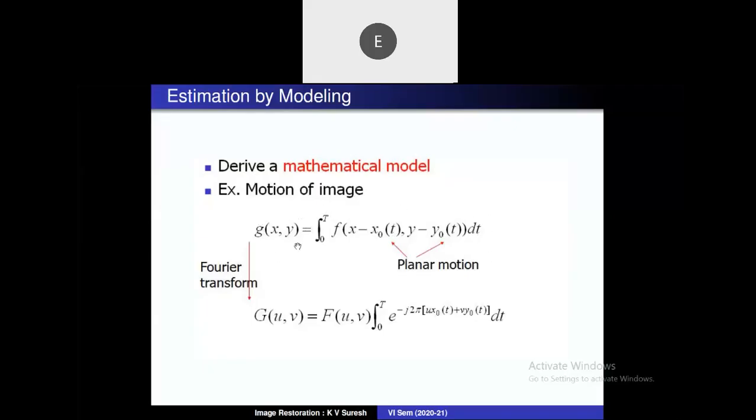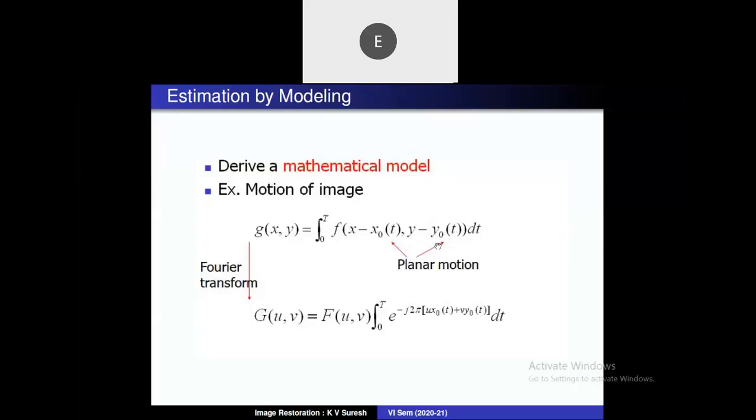So this is modeling. The model that we have done here is for the motion that you are talking about, a planar motion. Planar motion means there is a movement towards x direction, there is a movement towards y direction. Why planar motion? Because there is no movement in the z direction.